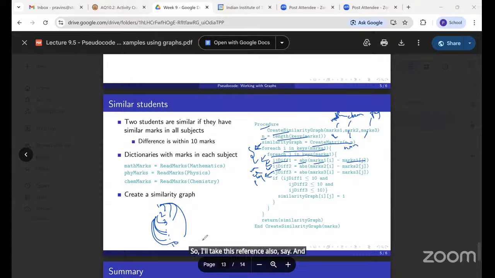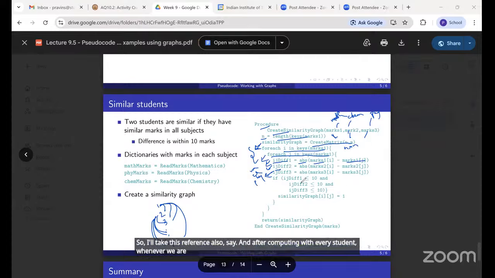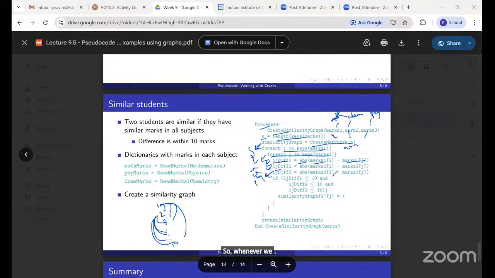After computing with every student, if the difference in all three subjects is less than 10, I can say these students are in a similar category, right?